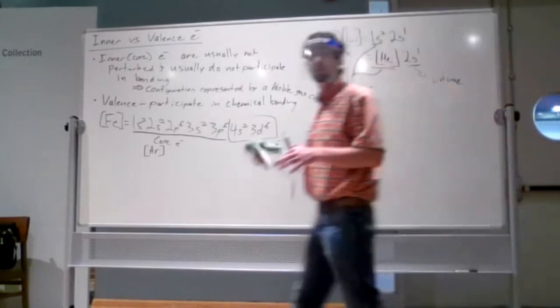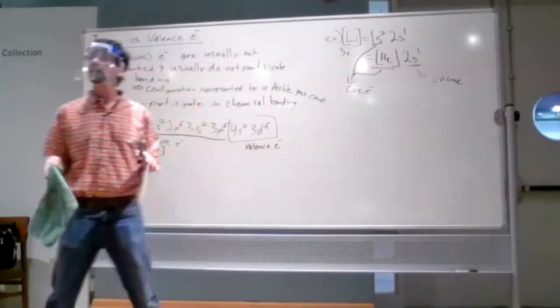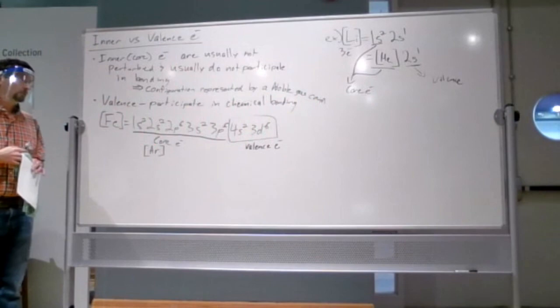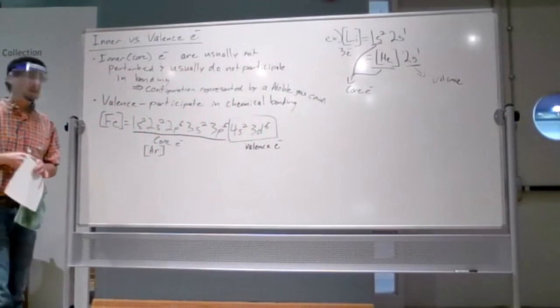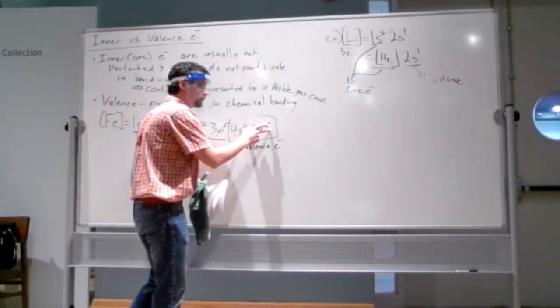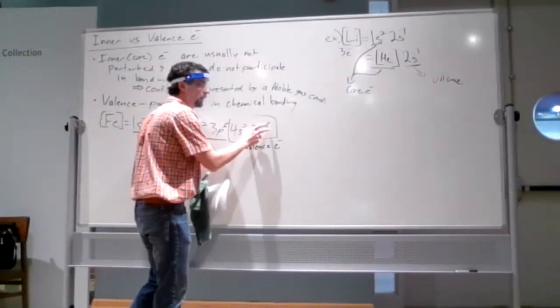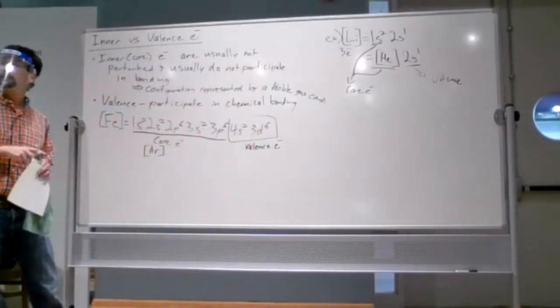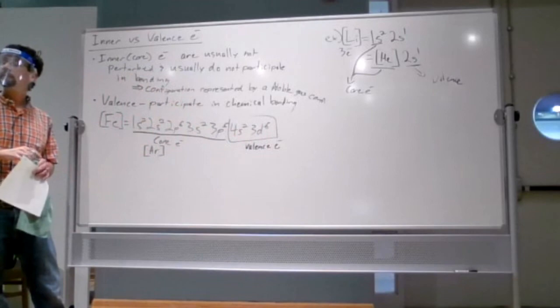Okay. Any other questions? John? So in the example of iron, how are there 8 valence electrons? If you add up the sum of just these two occupations, it totals 8. So how do they even bond?